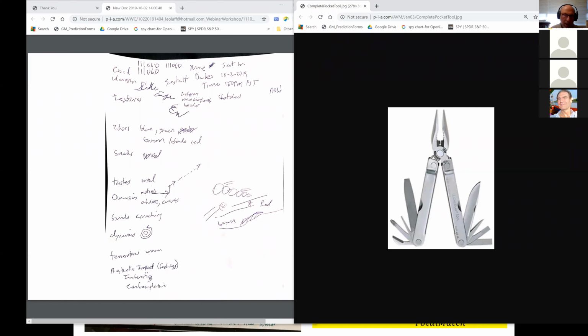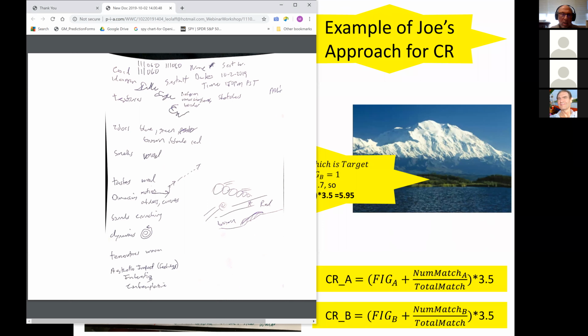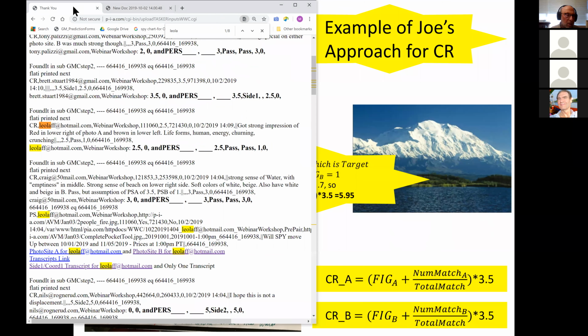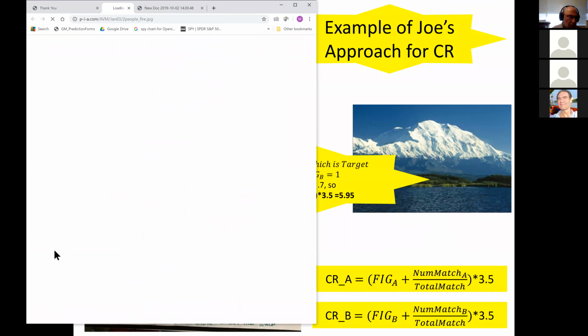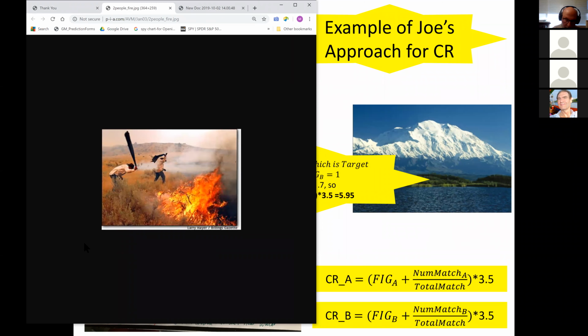Oh, I chose the wrong one. I thought you went side 2. You went side 1? Yeah. Okay, let me close this and go back here. So that was my mistake. So this is the one? Yes.